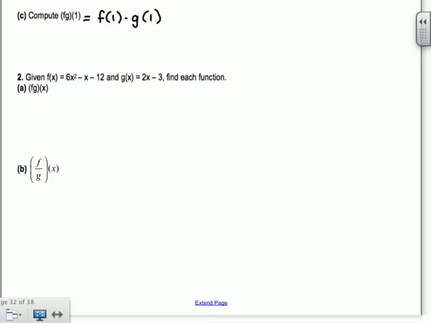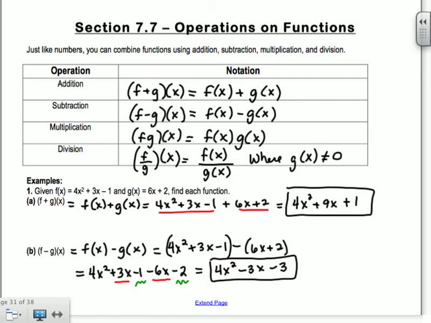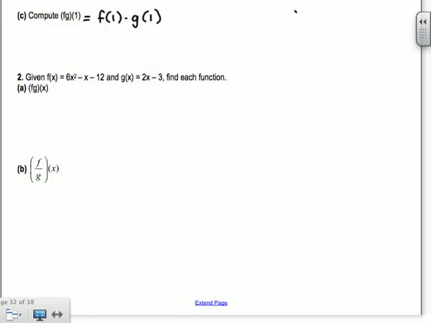Okay, so f of 1. So I had 4x squared plus 3x minus 1. If I'm finding f of 1, I just plug 1 in for x. So I get 1 squared is 1 times 4, so 4, plus 3 minus 1, so 7 minus 1 is 6.